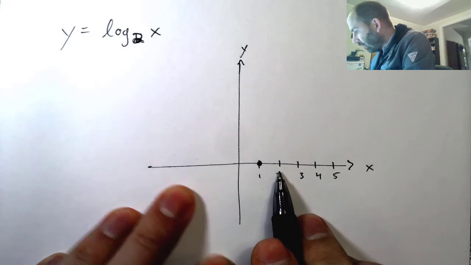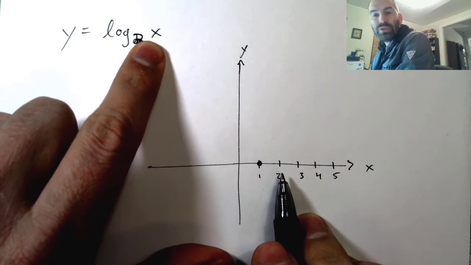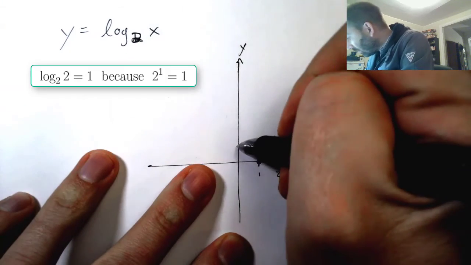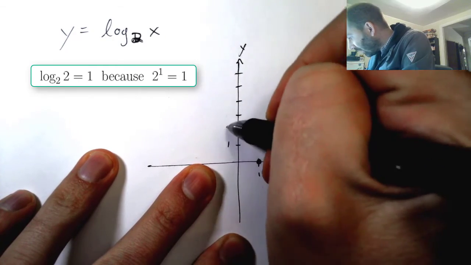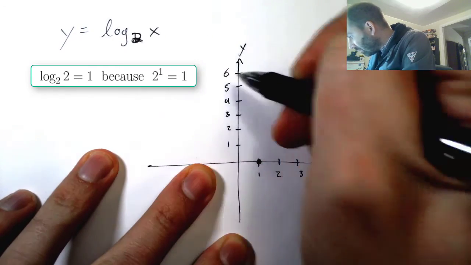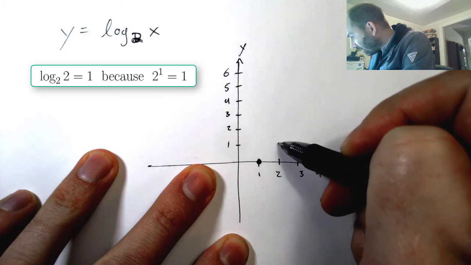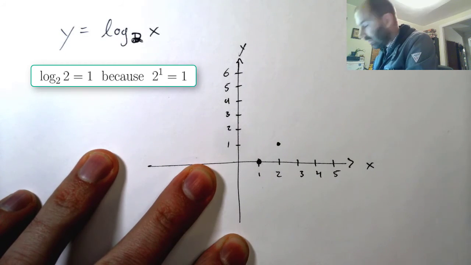If I take 2 for x, what's log base 2 of 2? That's the exponent on 2 that gives 2, which is 1. So I mark off that value.